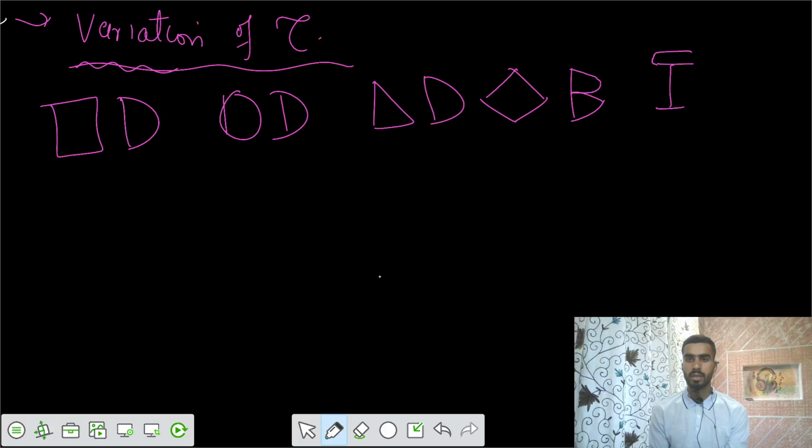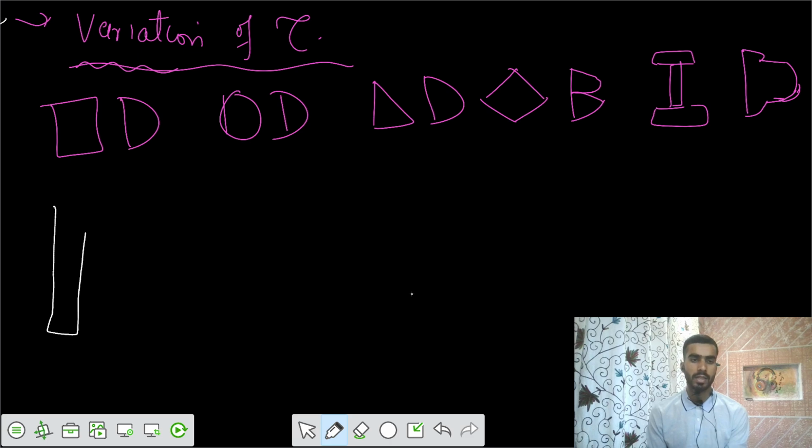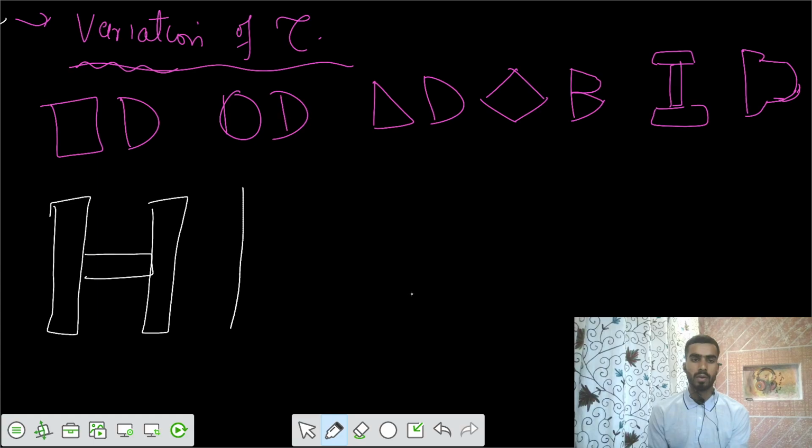I section, we have this variation. Now let's take the H section. Along the depth there is a parabolic variation, but as it reaches this point, there is an increase of depth.